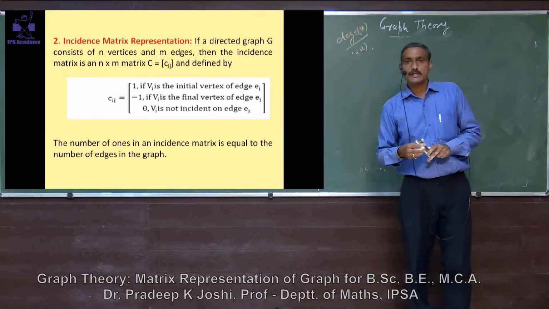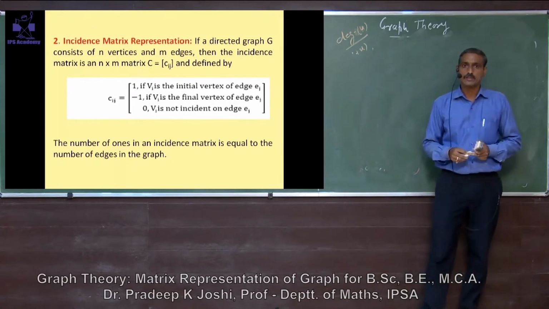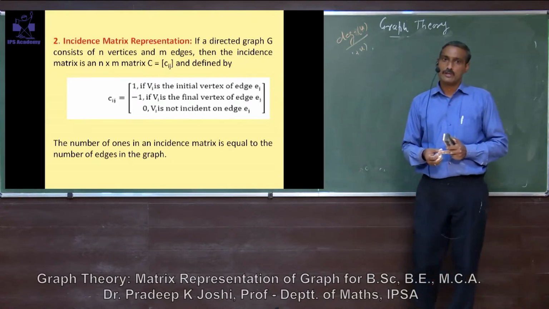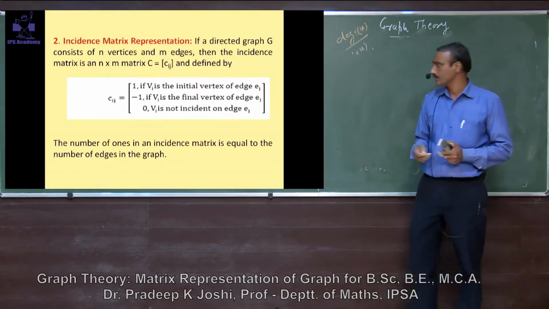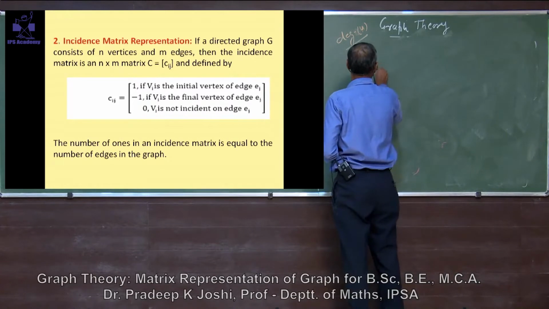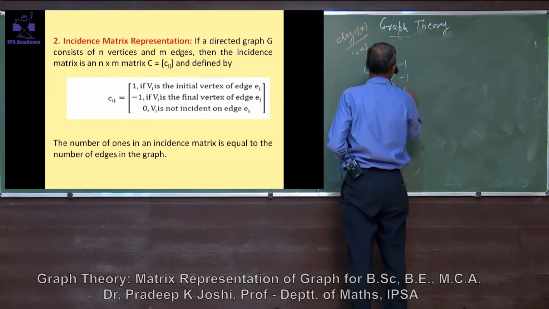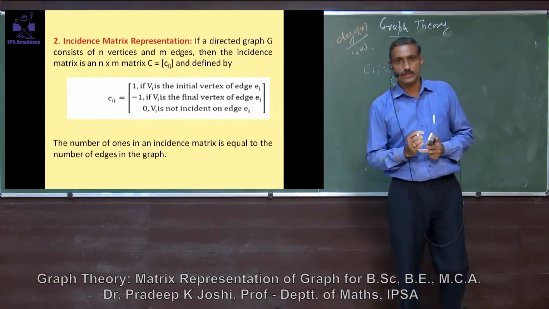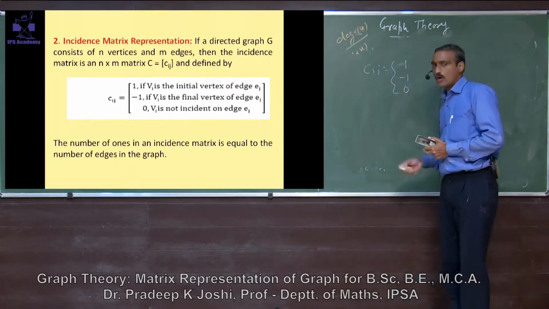If a directed graph G consists of n vertices and m edges, then the incidence matrix will be of order n by m, and we define C equal to Cij, and the elements of C are either 1, -1 or 0. 1 and -1 are defined for in degree and out degree.